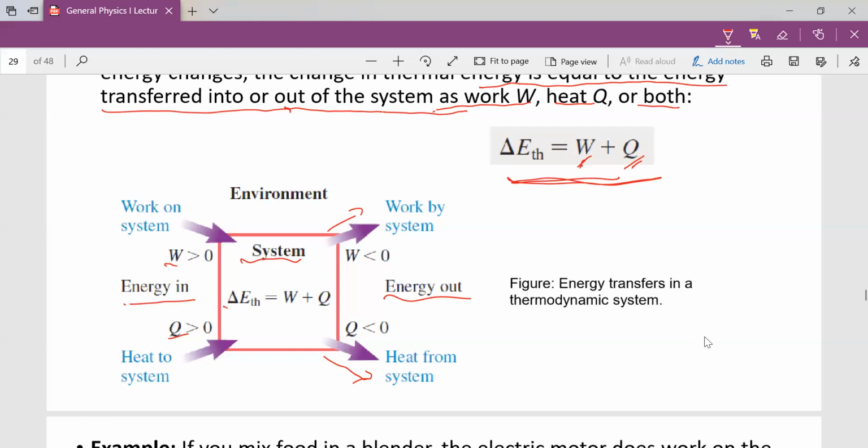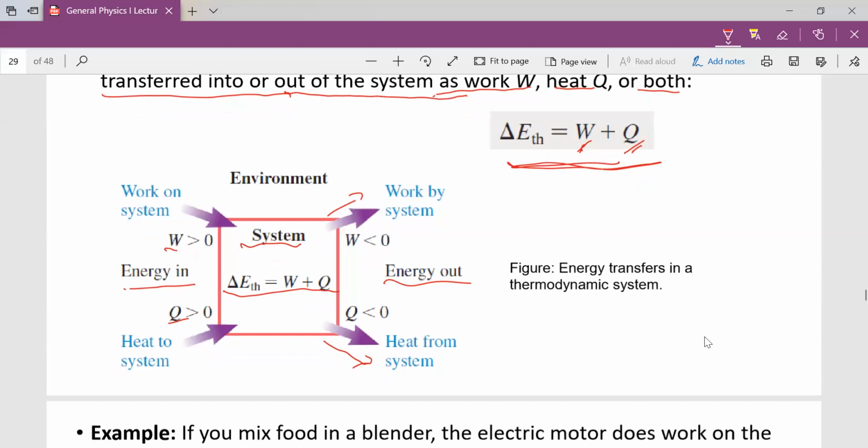Okay, so if you're asked to say something about thermodynamics, or a short note or a definition, you should be able to say it in words and also represent it with an equation. Okay, and when you do that, make sure you define the parameters.